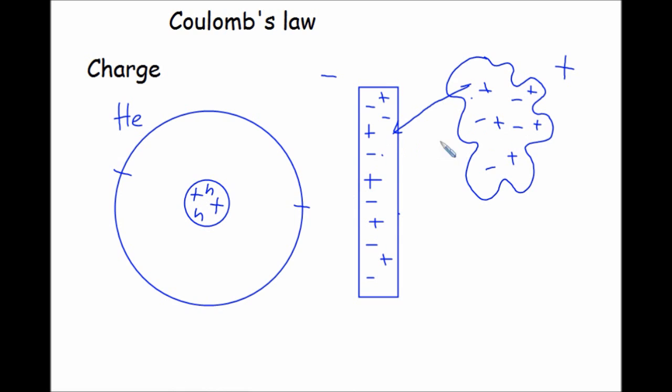Once these two objects are oppositely charged, each one of them will be attracted towards the other. So this cloth will now be attracted towards the ruler, and the ruler will also be attracted towards the cloth, because they possess opposite charges.